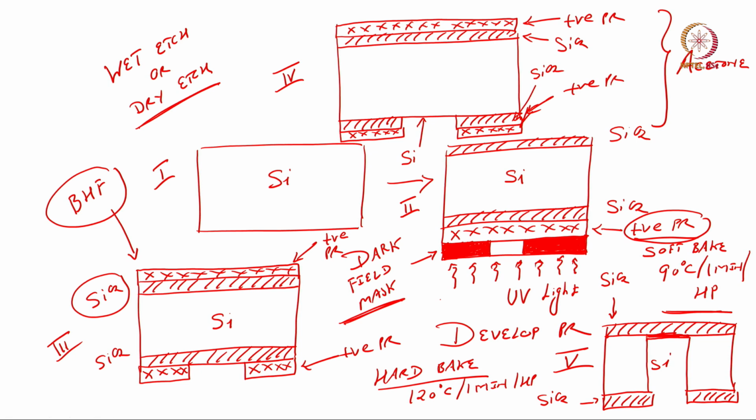Now, why did we stop here? Because silicon dioxide will work as an etch stop for any silicon etchant, right. So, silicon etchant cannot etch silicon dioxide, that is why the etching will stop somewhere here. This is what we get by using the dry etching process.